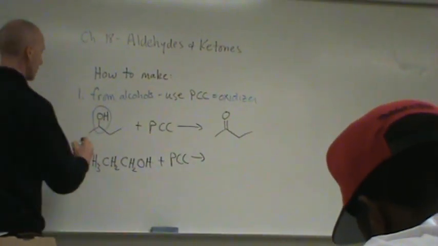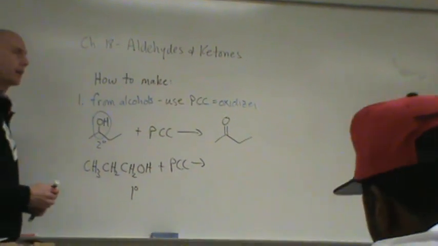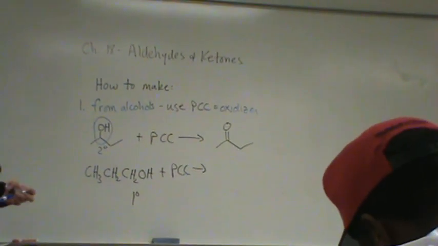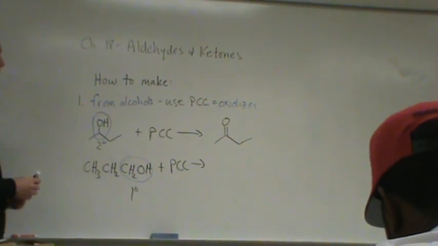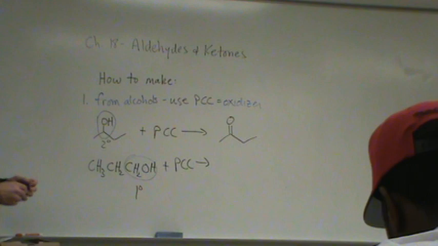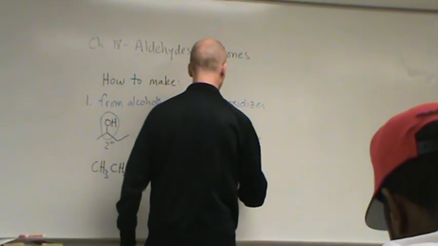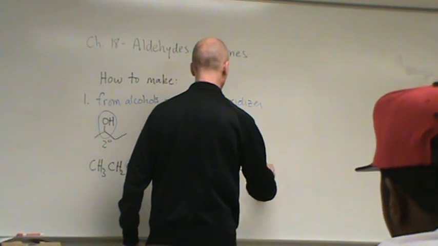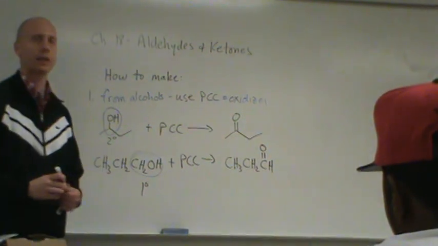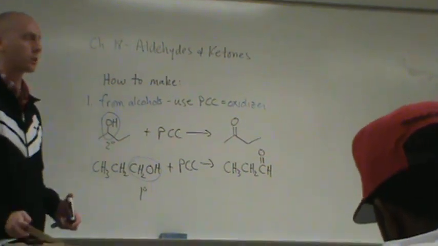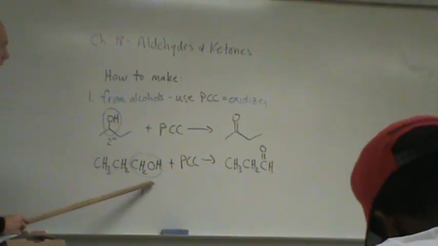So here, this was a secondary alcohol. Down here, that's a primary alcohol. So again, it's going to convert that to a carbonyl. This time you get the aldehyde, don't you? Because you're dealing with a primary alcohol, which is at the end of a molecule.